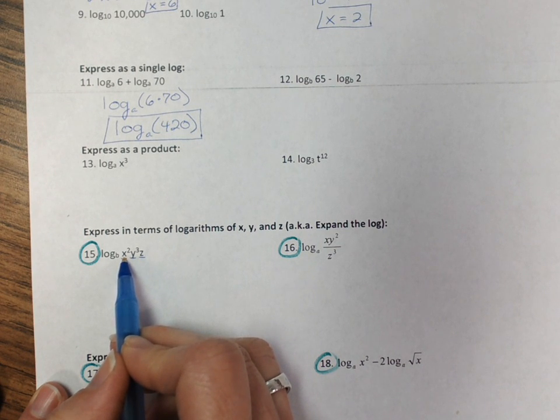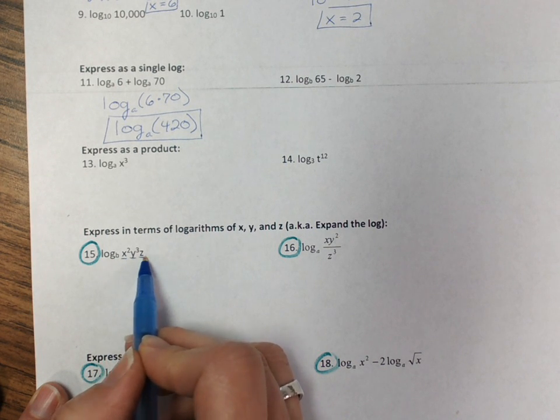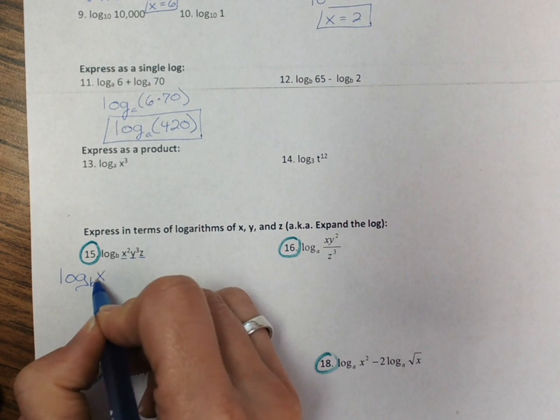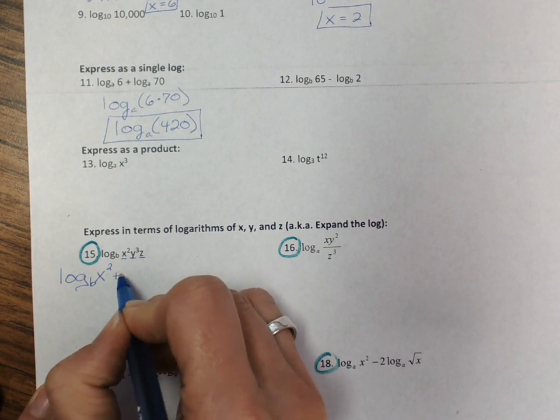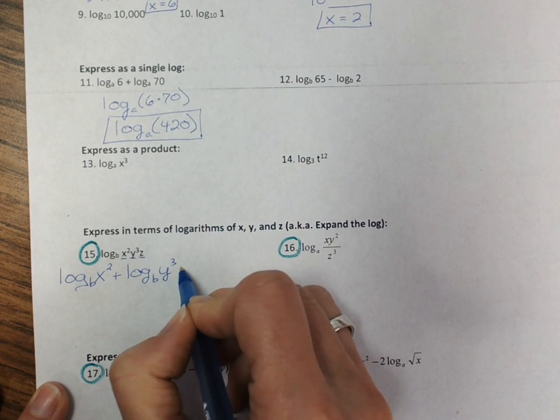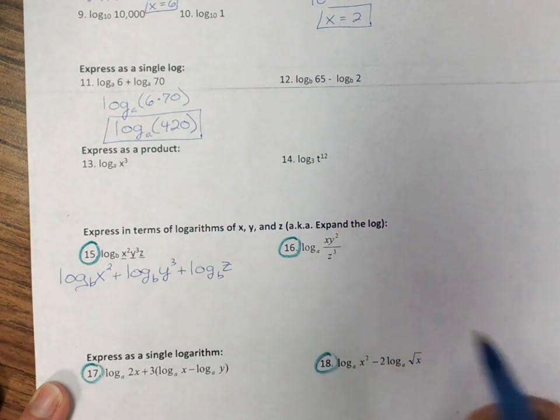So using logarithm property number 1, if they're being multiplied together, I can split them into separate logs and add them. So this is going to be log base b of x squared plus log base b of y cubed plus log base b of z.